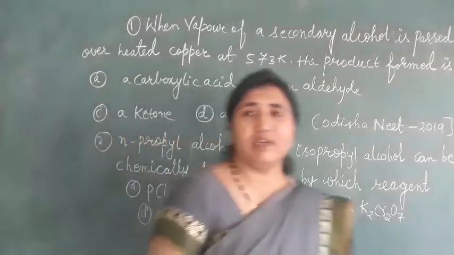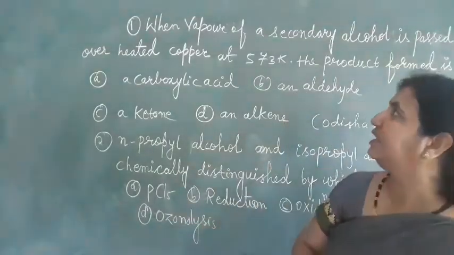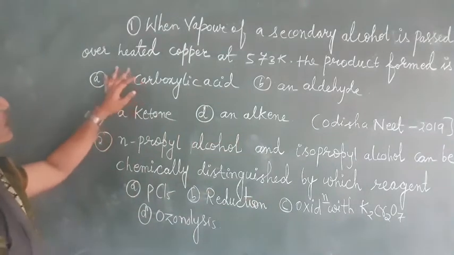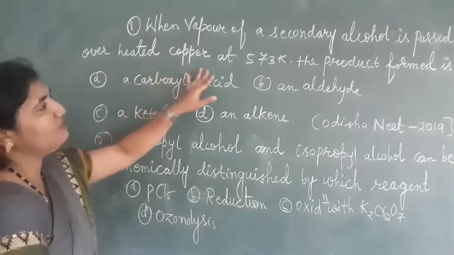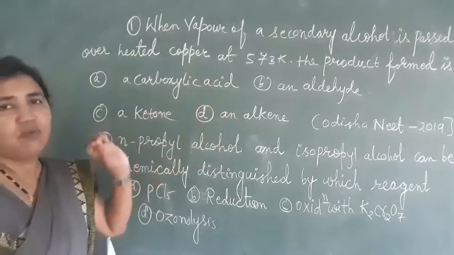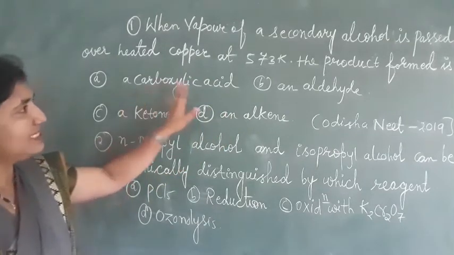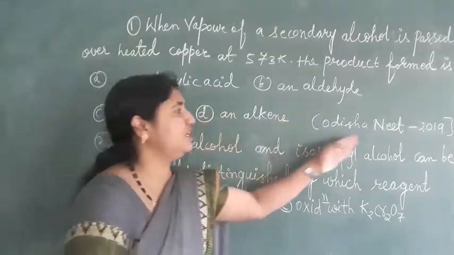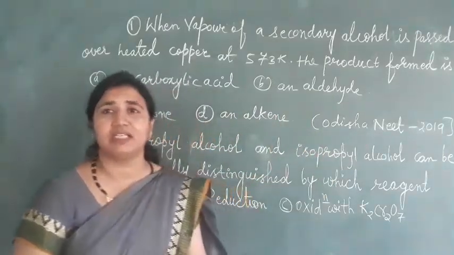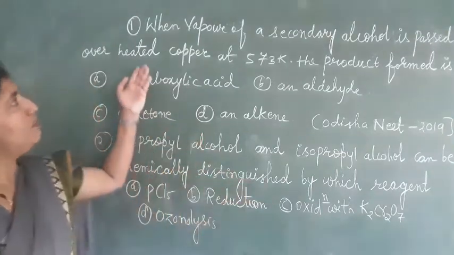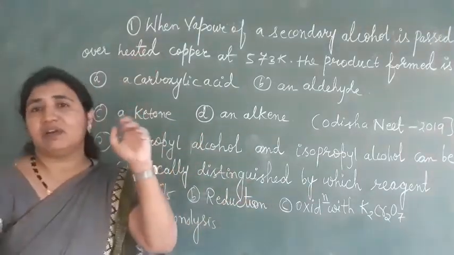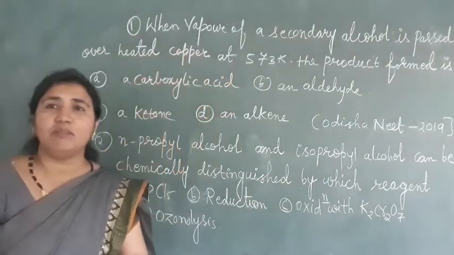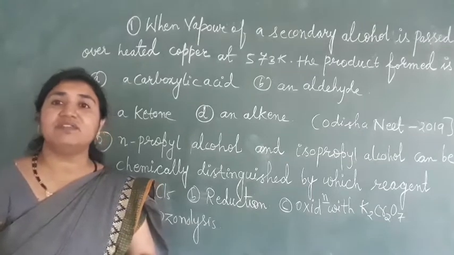So based on this one, we'll see some questions. Question number 1. When vapors of a secondary alcohol are passed over heated copper at 573 Kelvin, the product formed is a carboxylic acid, aldehyde, ketone, or alkene. This was asked in NEET 2019. So when copper, as I said, very important, vapors of secondary alcohol are passed through copper, secondary alcohols give ketone.